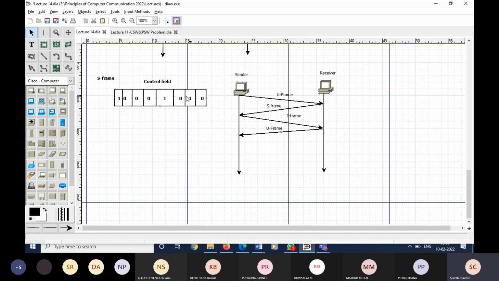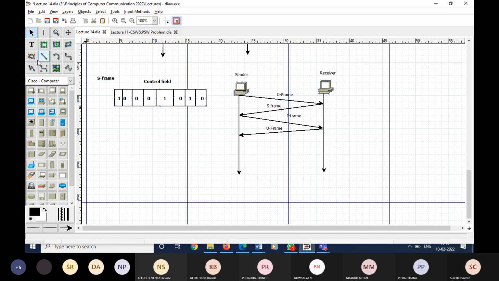And what about this 0 1 0? What does that mean? What exactly is the number 0 1 0? No, no, 0 1 0, only 3 bits.